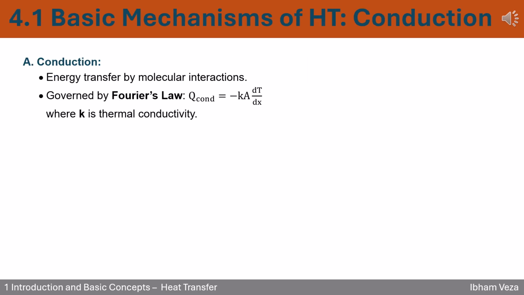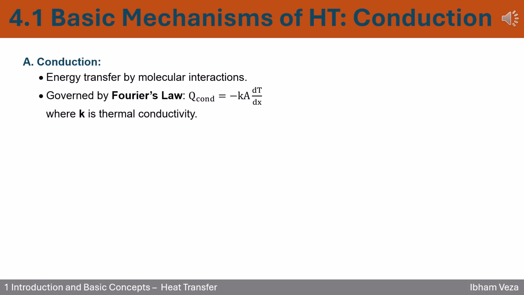4.1. Focus on conduction as a heat transfer mechanism. Let's start with conduction, the most basic way heat is transferred. Conduction happens through direct molecular interaction without any movement of the material itself. It follows a simple rule called Fourier's law. This law shows how heat moves through a solid, depending on how big the temperature difference is, how thick the material is, and how much area is involved.